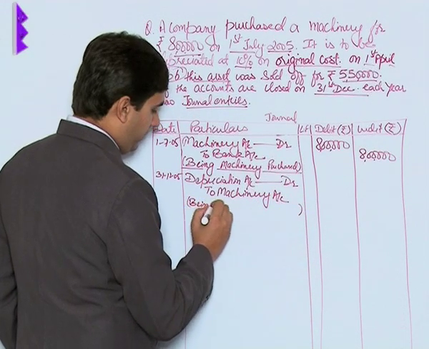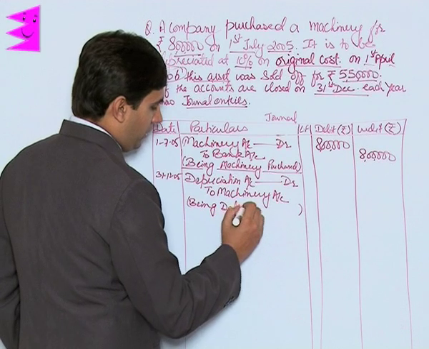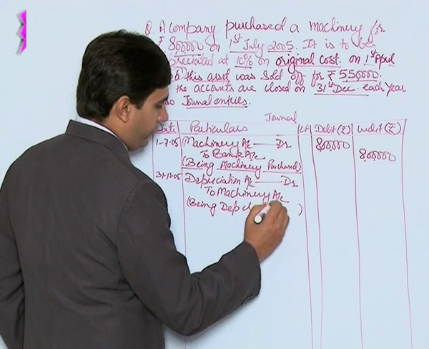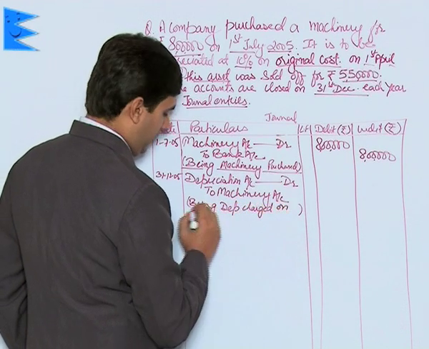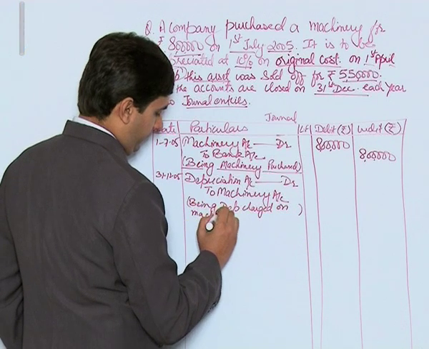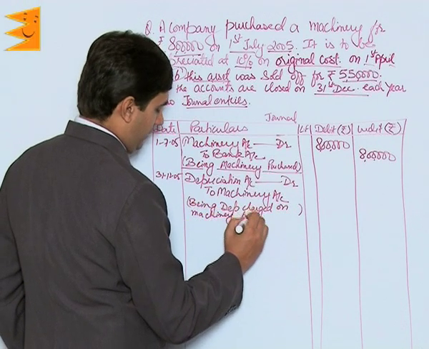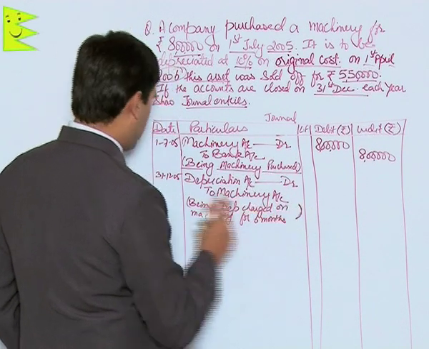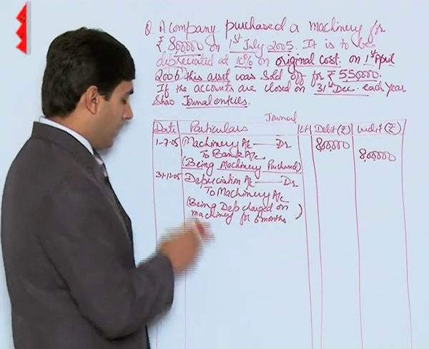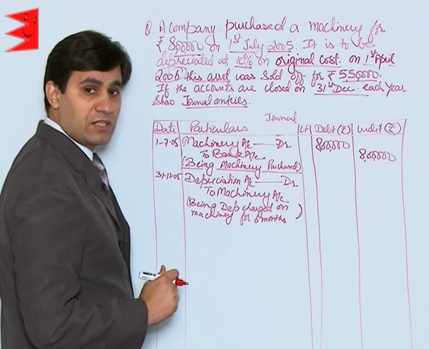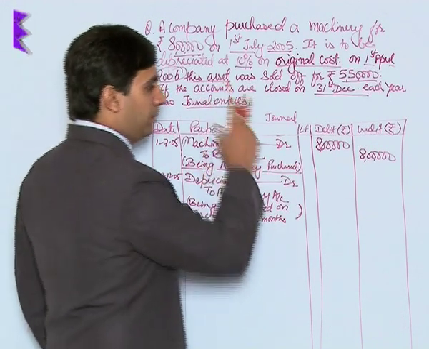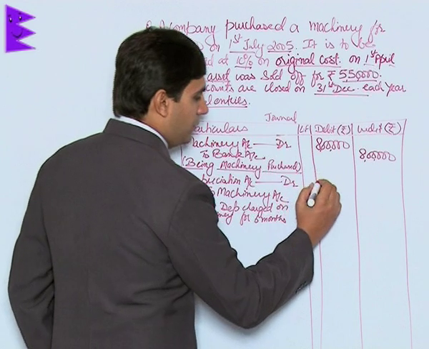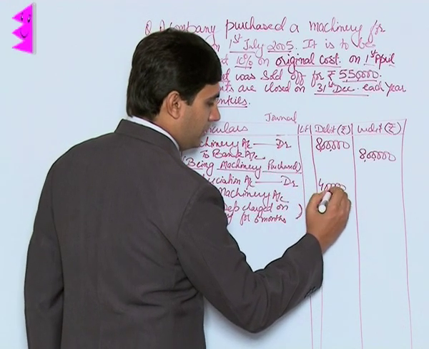Narration would be being depreciation charged on machinery for 6 months. Why 6 months? Because you had purchased it on 1st July and on 31st December you are charging depreciation. So 10% of 8 lakh for 6 months comes to rupees 40,000.